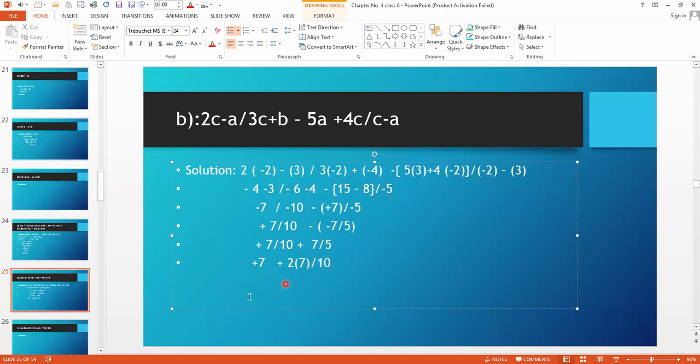Look here, when LCM is 10, we have to make this denominator 5 equal to 10. So I have to multiply this 5 with 2. If in the denominator, in the bottom, I multiply by 2, in the top of this fraction, I also multiply it by 2. So 7 2 times is equal to 14. Clear?